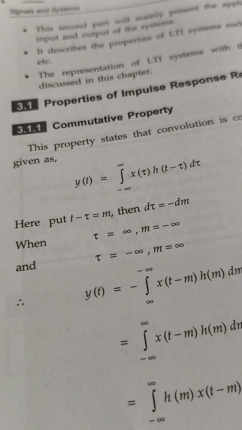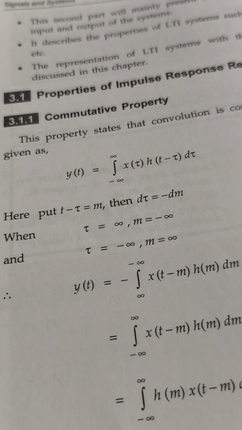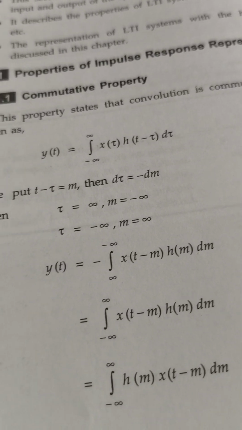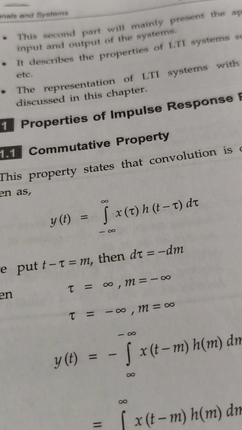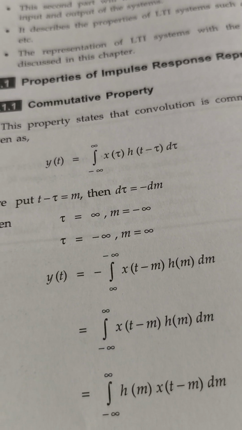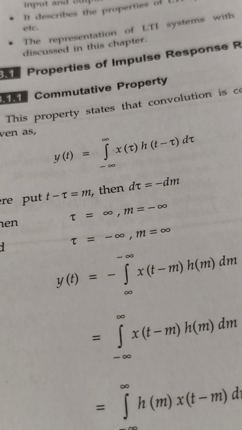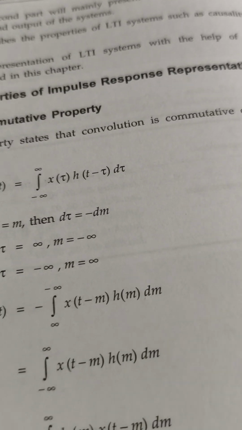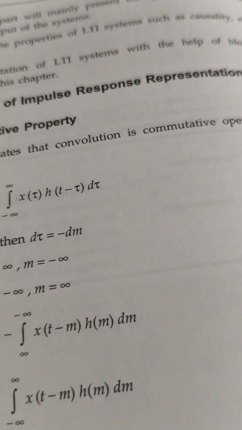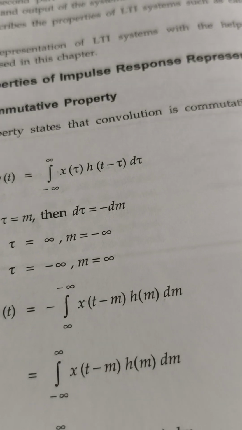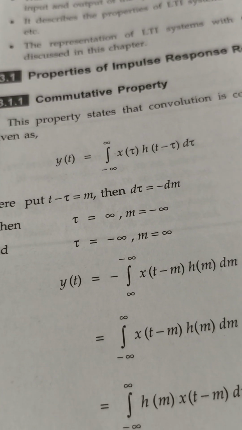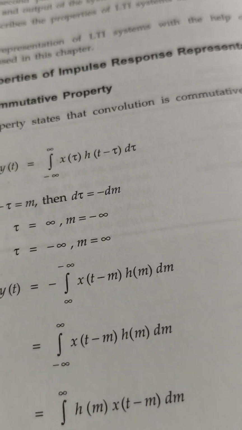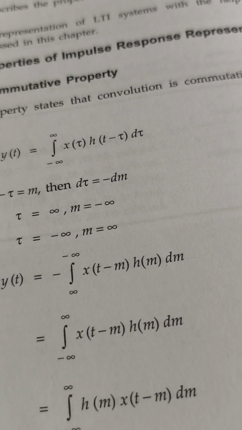When we substitute t minus tau equal to m in the above equation, y of t equals minus the integral, because in this expression we have d tau, and we substitute d tau equal to minus dm. So the minus comes outside, and the limits of integration become plus infinity to minus infinity. Why?